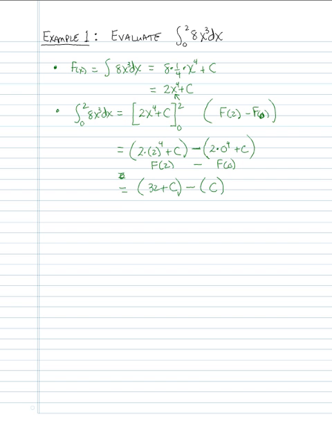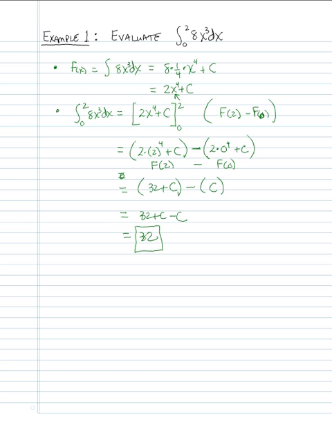And then we notice that what this gives us is 32 plus c subtract c, which is just 32. Okay, so the answer, remember as we said, a definite integral has an answer that's a number, and in this case it's a positive number, but this is the answer to our problem. This is the definite integral that we were just talking about.